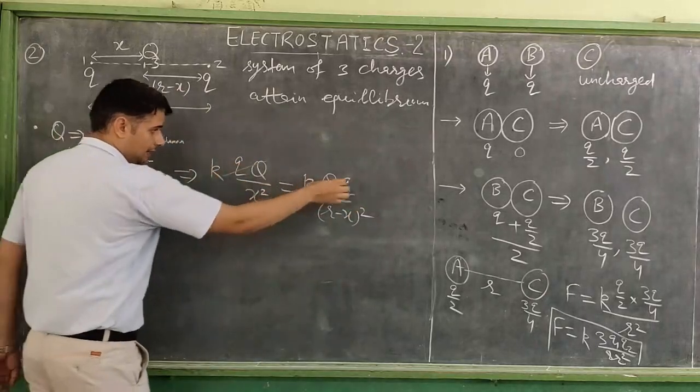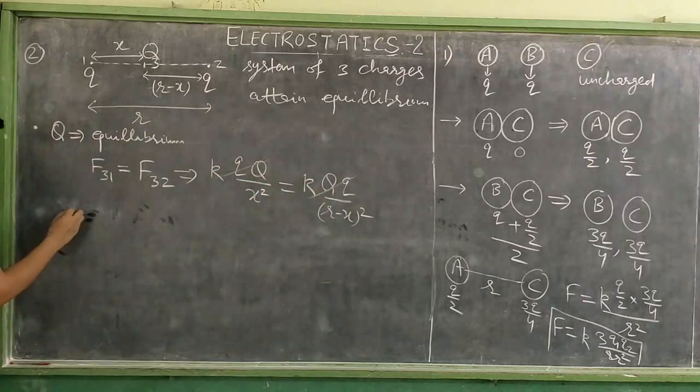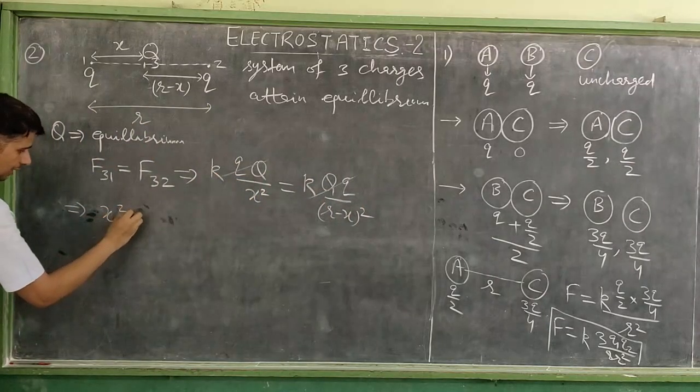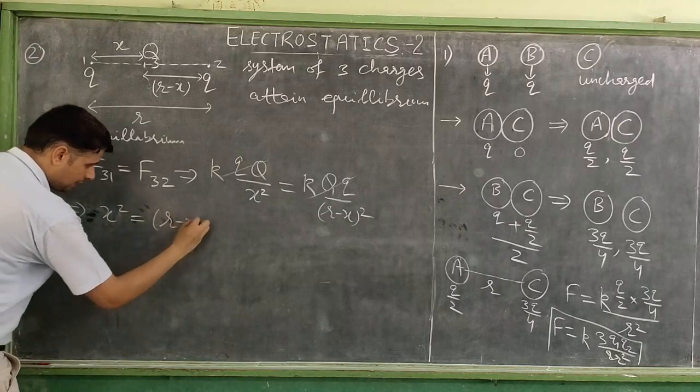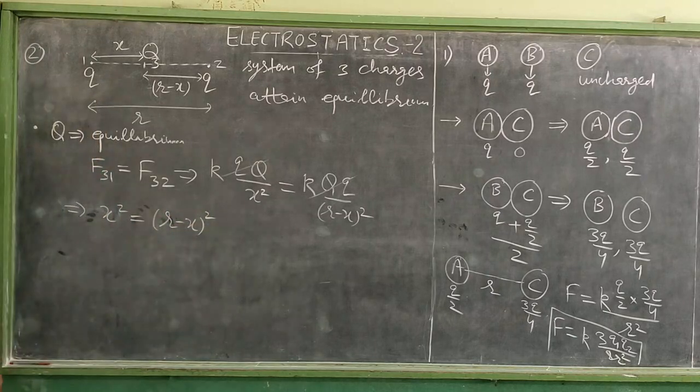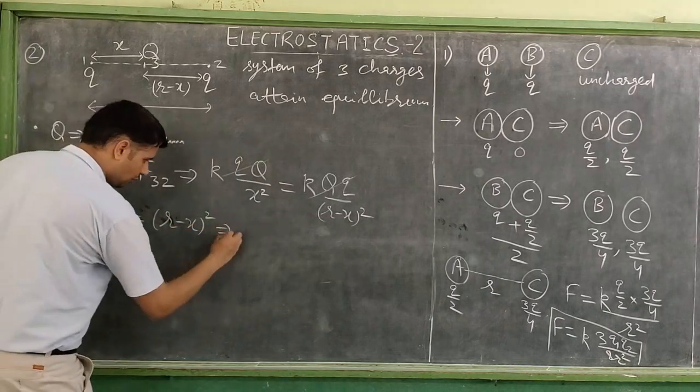So the numerator gets cancelled out. What can we write here? x square is equal to R minus x whole square. Now we simplify the result. What are we going to obtain?